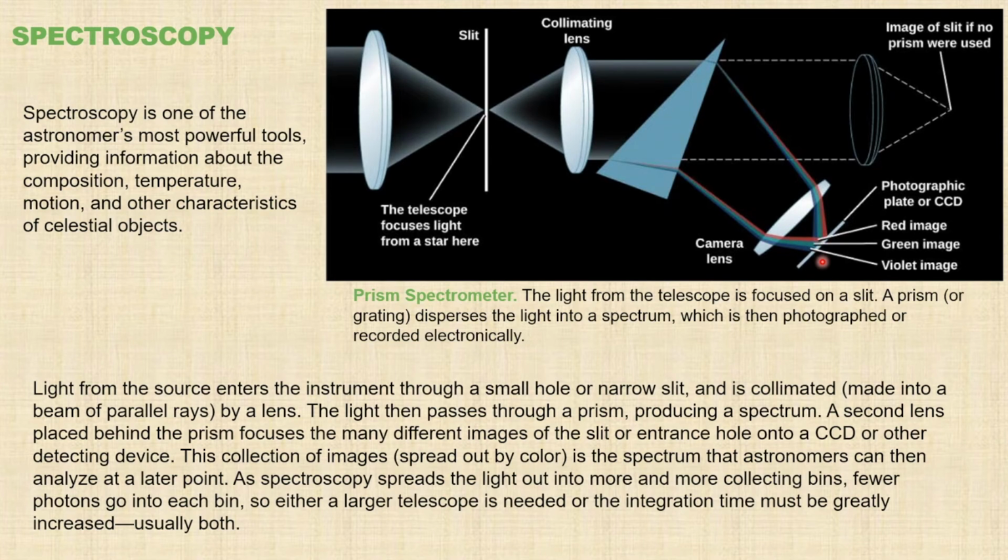So for that purpose, we may need to increase the size of the lens, more area, more light, or increase the exposure time, the time that we collect the photons. We may have to increase that significantly, or both.